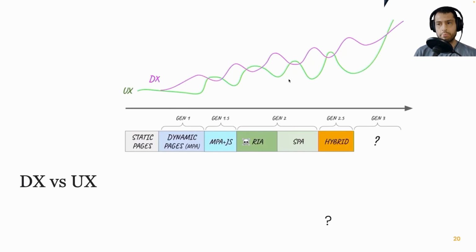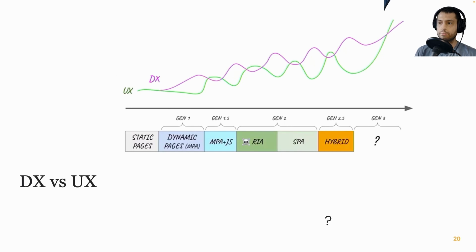Then with single page applications, again, you needed to learn the framework. You needed time to think about how to store the state, when to call the server, how to build all the different pages. So the apps became quite large, the dependencies started growing, and we started doing local optimizations, which kind of improved the UX for a while, but then the DX started to suffer again because we need to do all of this by hand.